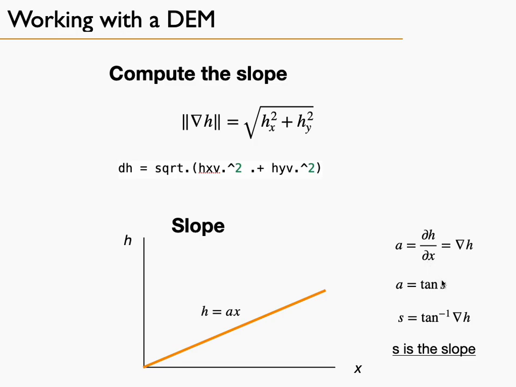And the slope can be defined as the arctangent of a, which is the same as the measurement of the slope. So if you want to compute the slope, you can basically take the arctangent of the norm of the gradient of h.